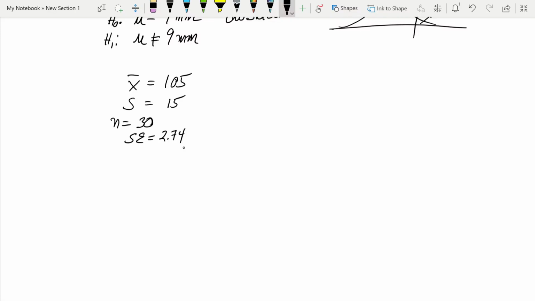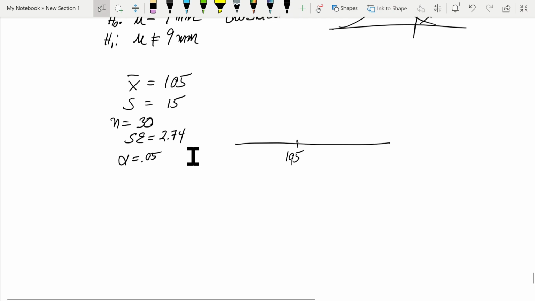My alpha level is 0.05. Here is my continuum of corn yield. My average is 105. Is 105 big enough to say it's different than a 100?